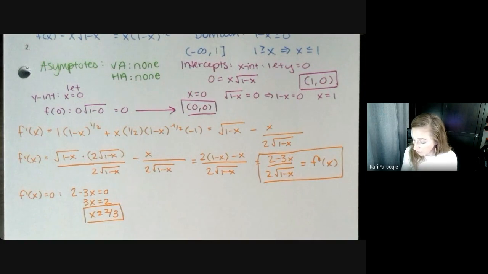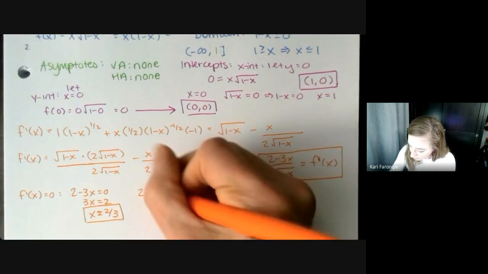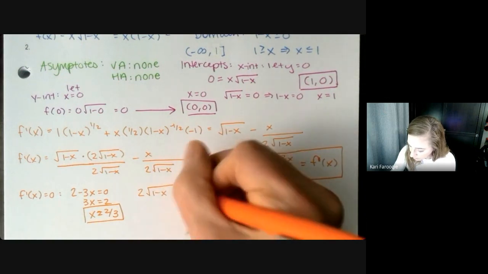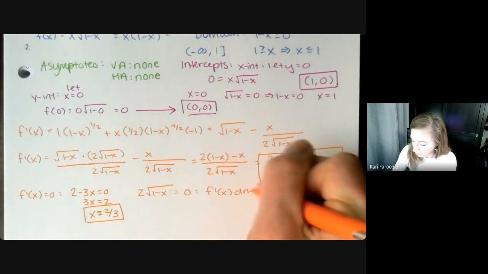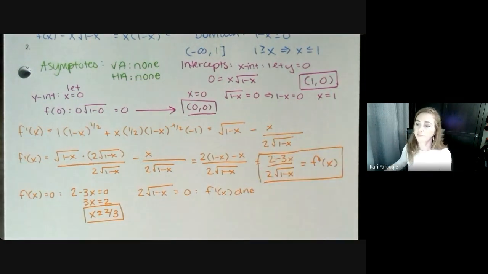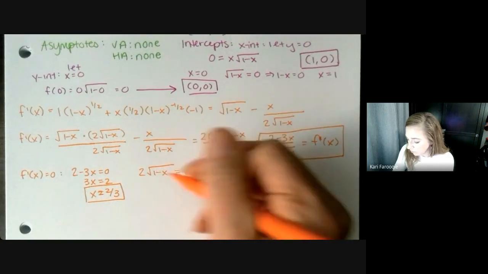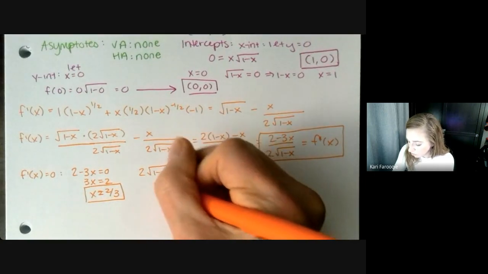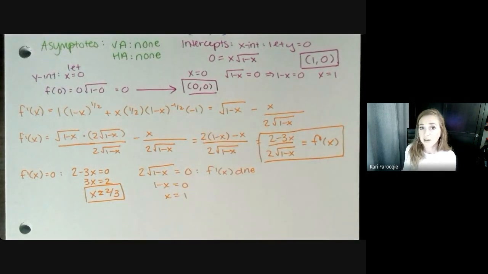As far as the denominator is concerned, you're taking the denominator and setting it equal to 0, and that is where f prime of x does not exist. You can divide both sides by 2, square both sides. 1 minus x equals 0, which means x equals 1.